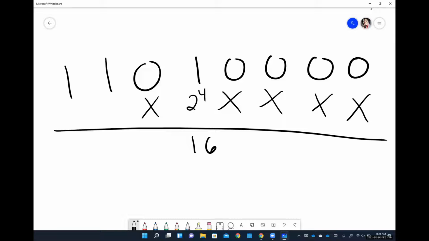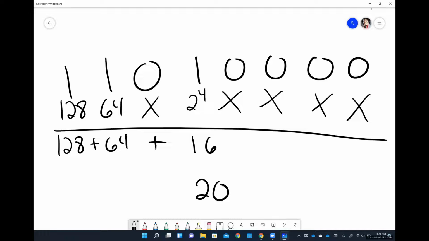You can just put 16 if you like. If you understand where it comes from, you can just put 64, 128. 128, 64. Add those up. 80 plus 128, 208. Did everybody get that?